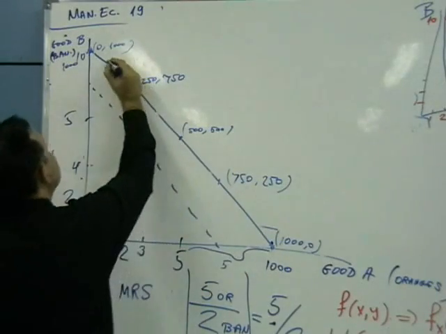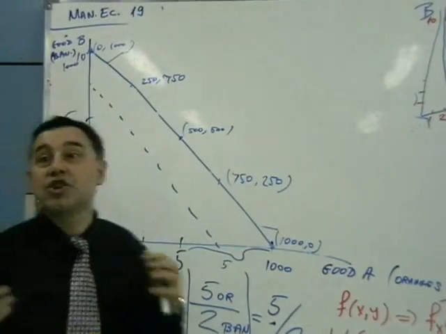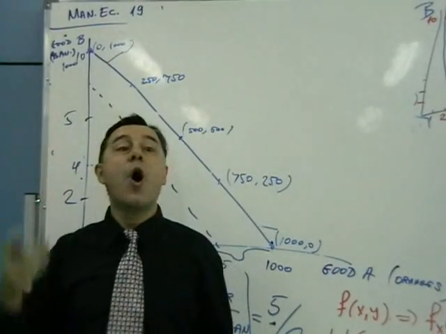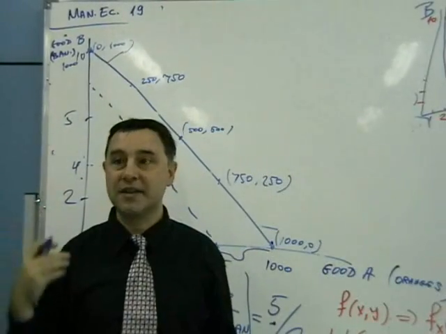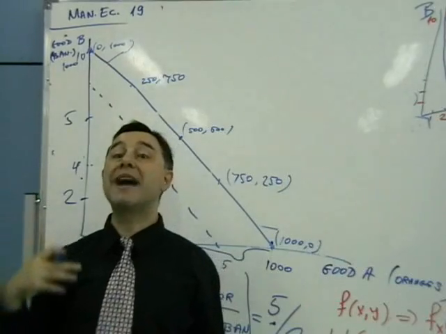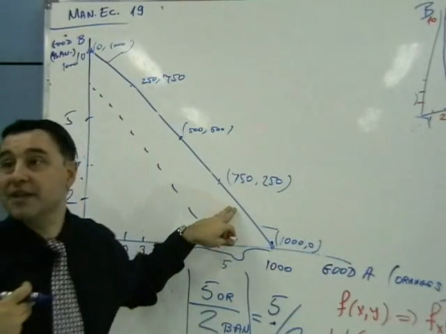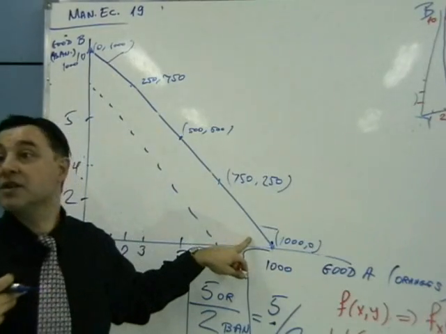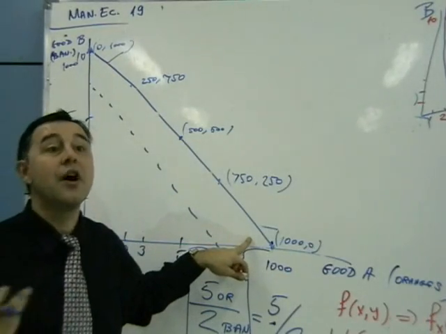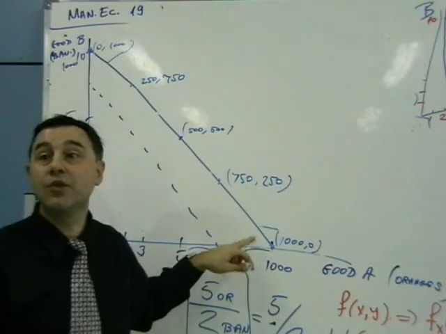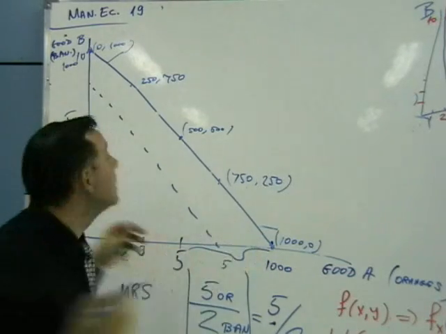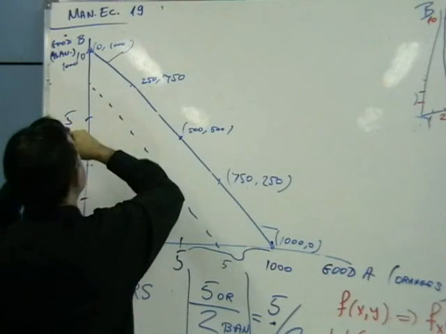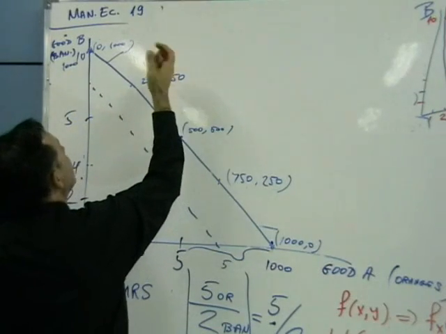So this is the line which shows me all possible bundles which I can afford with my budget. In this particular case, my budget is 1,000. The set of all points which show you every bundle that you can afford, we call it a budget line, that's all. So let's write it in big red.